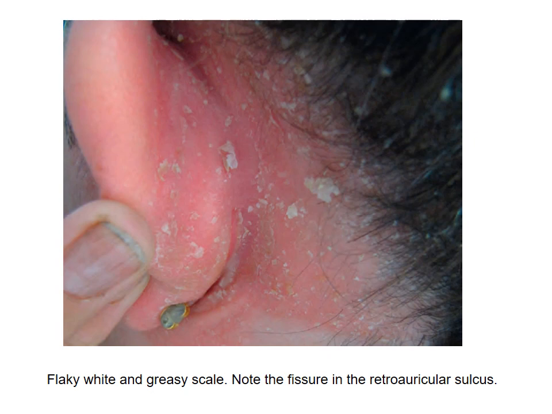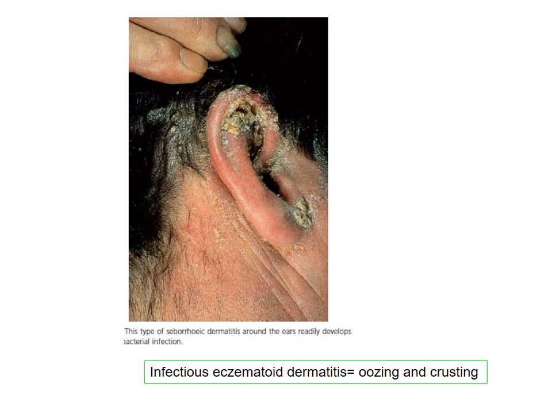This is the retroauricular sulcus affected with seborrheic dermatitis. Please look at the flaky, white, and greasy scales. Also, infectious eczematoid dermatitis with oozing and crustation, here on the ear.